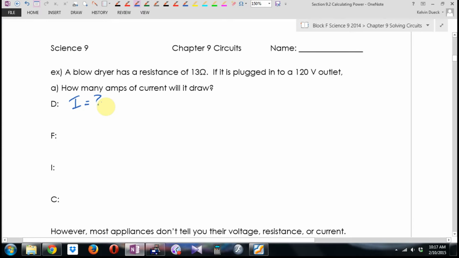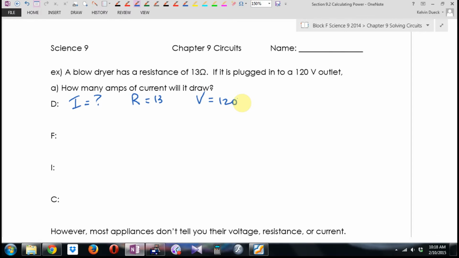Aiden, what's that 13? Ohms, which is what? Resistance, yep. Keep going, Aiden. What's that 120? So I'm looking for an equation that has I, V, and R. Now this may sound kind of repetitive, but I'm going to be giving you another equation in a little bit, and so it's going to become a bit more of a things to choose from.